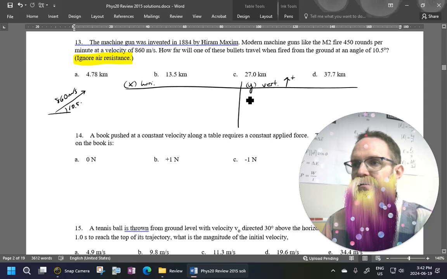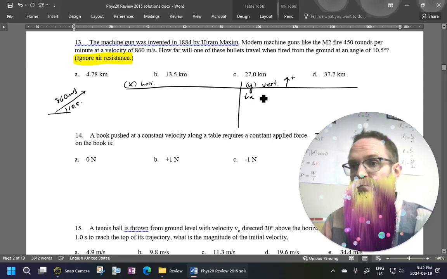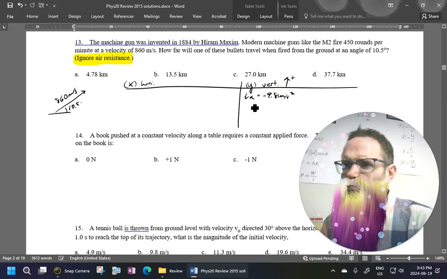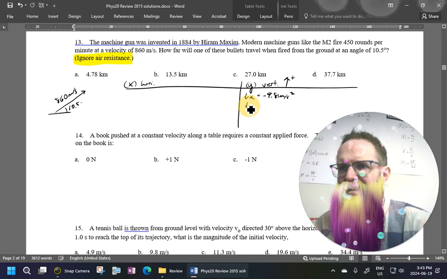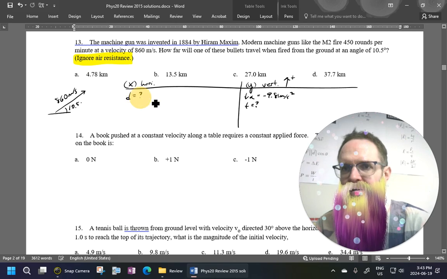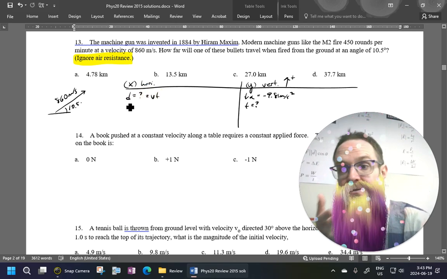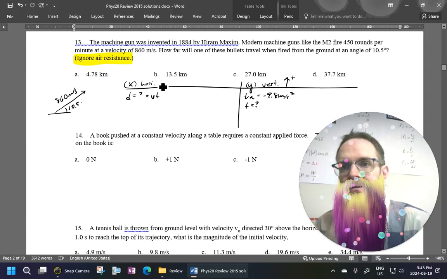Since acceleration is down in this direction, it's going to be negative 9.81 meters per second squared. I'm trying to find time, so I can use the time to find the range, because there's going to be v times t here. Remember, that's the only formula that I have to use here, because there's no acceleration.